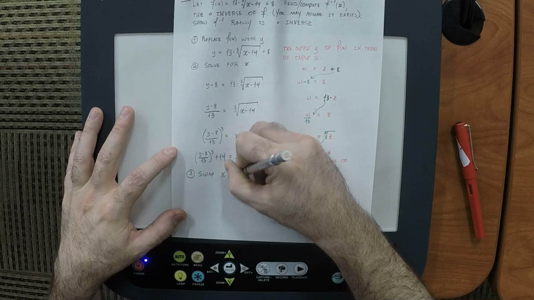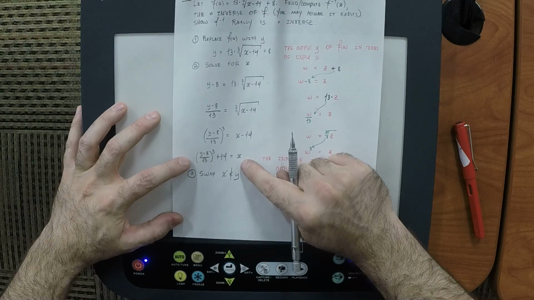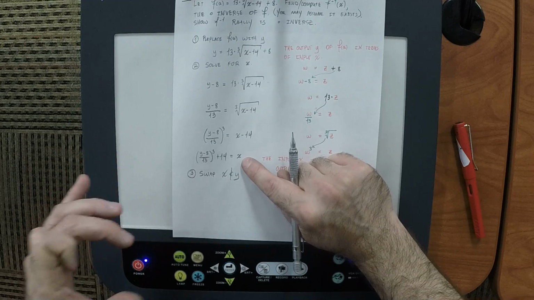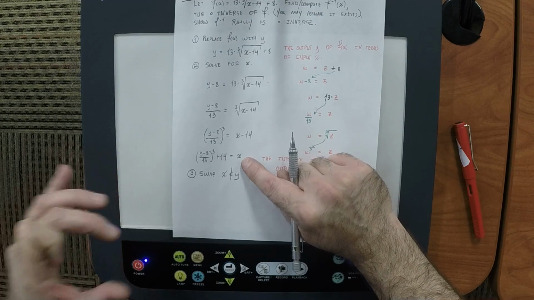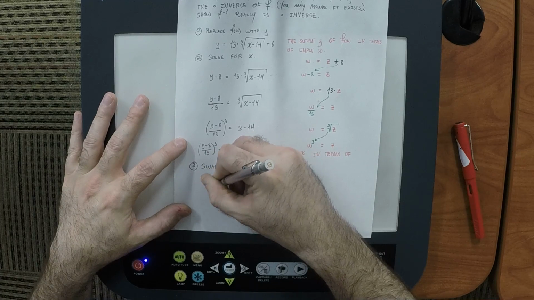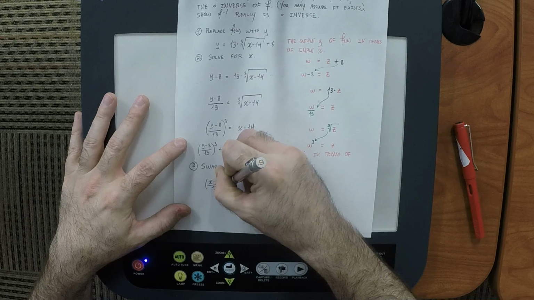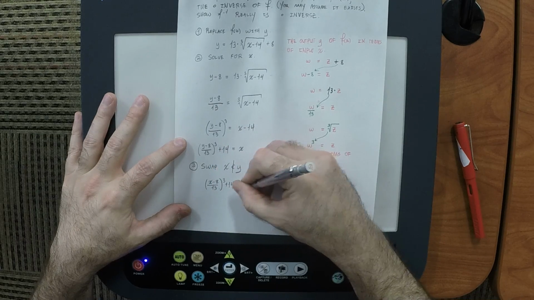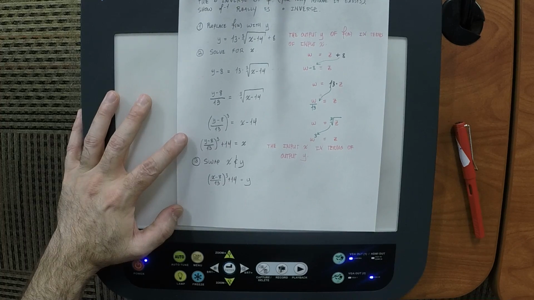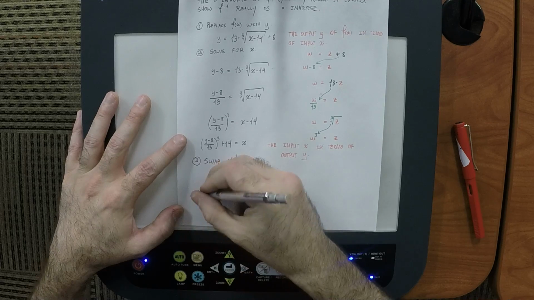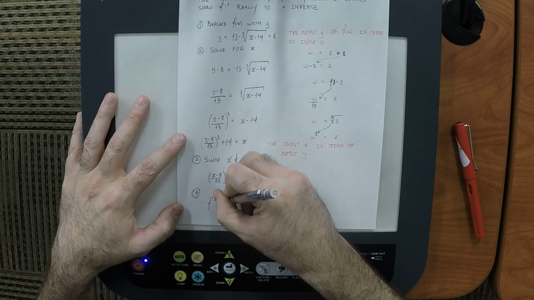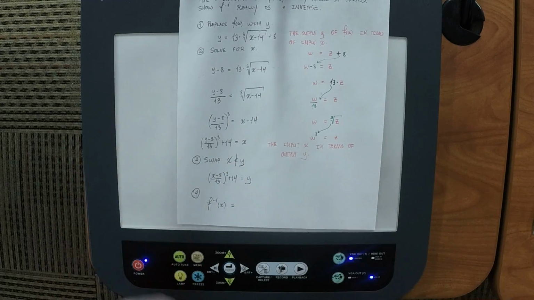So now what we're going to do is swap x and y. That is to say, we're going to write exactly this formula, yet when we copy it down, everywhere we see a y, we're going to write x, and everywhere we see an x, we're going to write y. And then finally, the answer is that the inverse function is exactly this.